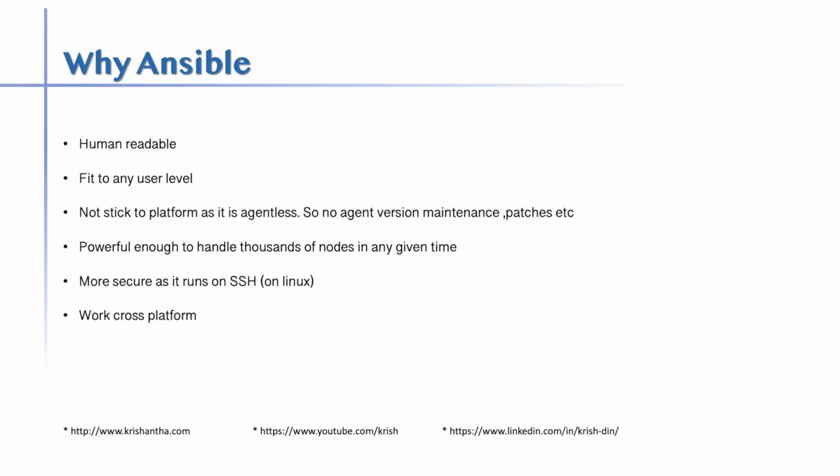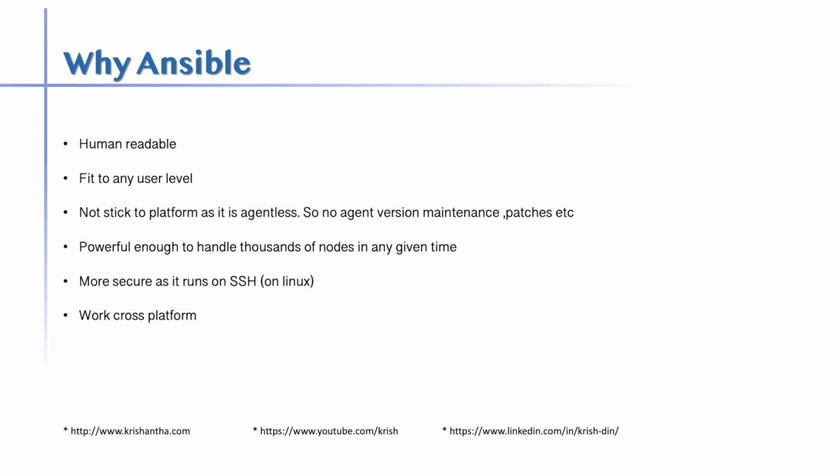So then why do we need Ansible, right? What is the specialty of Ansible? Ansible is a human readable platform, and I mean the configuration, all those things are human readable, and therefore it fits any user level. So this does not stick to any platform, right? You can run on Windows, you can run on Linux, you can run on a Mac, you can run anywhere, right?